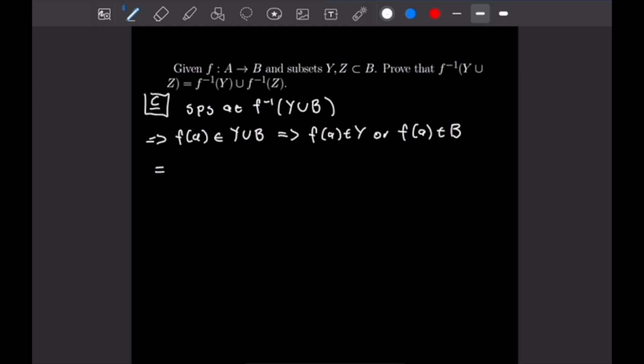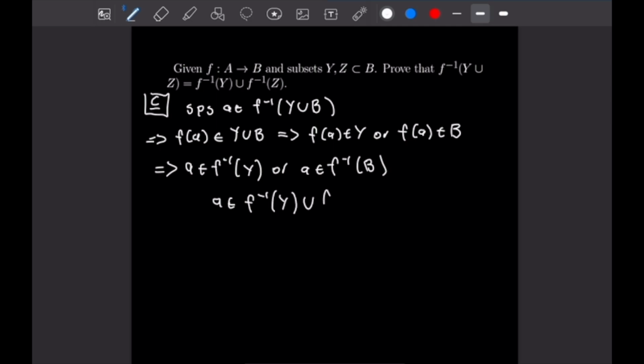But we can see that that means immediately that a is in the preimage of Y, or that a is in the preimage of Z. But by the definition of the union, that means that a is in the preimage of Y union the preimage of Z. Great. So now let's do the reverse inclusion as well.